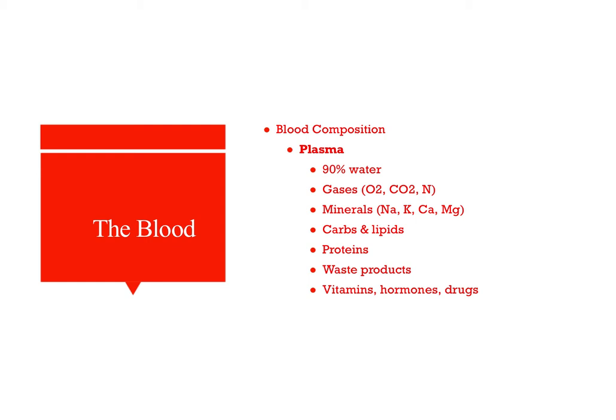Okay? And we would say that these things are dissolved in the plasma, meaning it's kind of like if you add a powder to a liquid and it dissolves inside the liquid, basically.